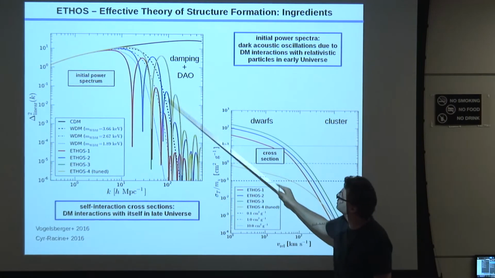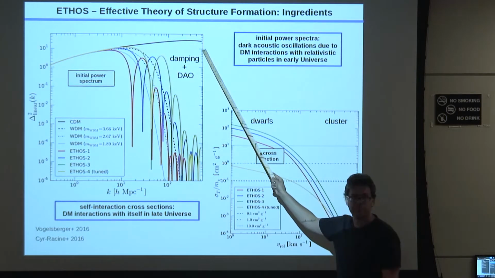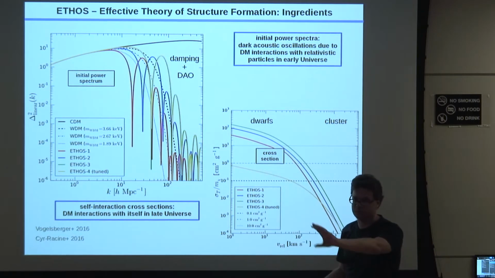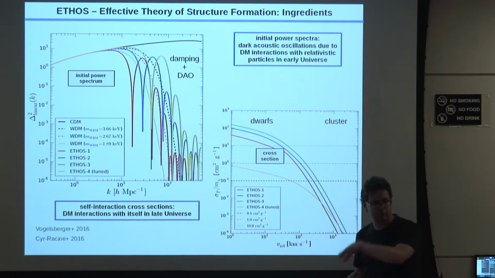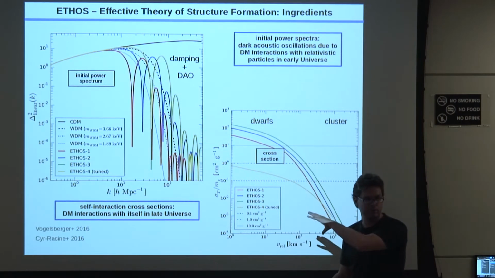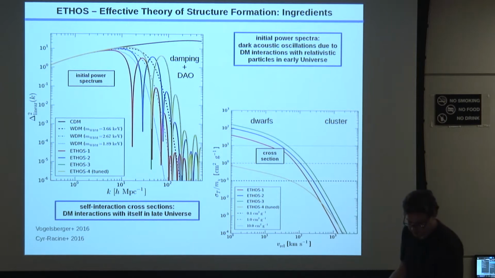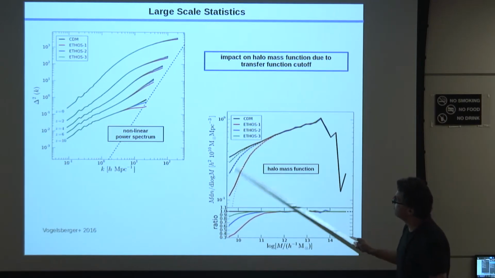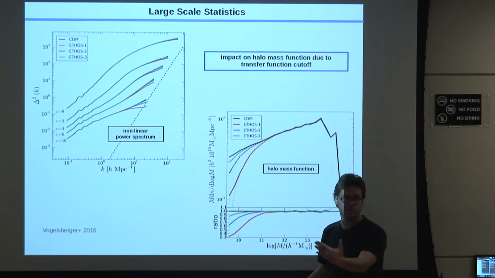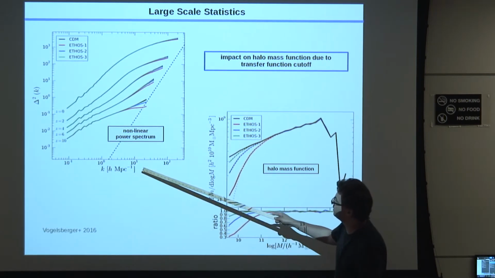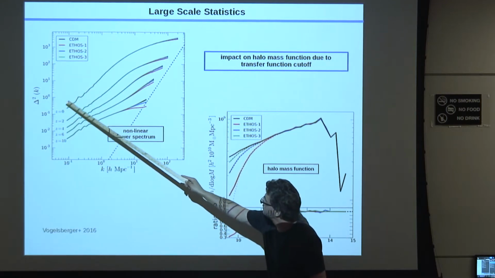You don't have power on these scales, whereas there's a lot of power still in CDM, which clusters on much, much smaller scales, as we heard, the neutralino down to the Earth mass. But that's not happening here, because you cut off the power spectrum because of this coupling with the relativistic species. That causes this drop. You can also see this a bit in the nonlinear power spectrum. You can run your simulation and calculate the nonlinear matter power spectrum at all times, so at redshift 10, 6, 4, 2, and 0 here.